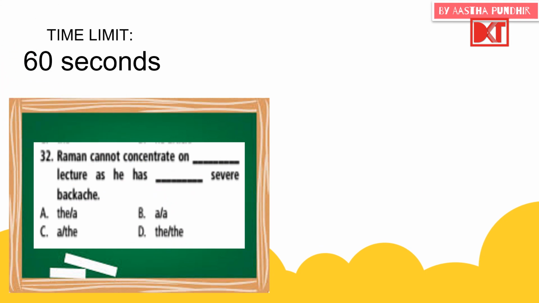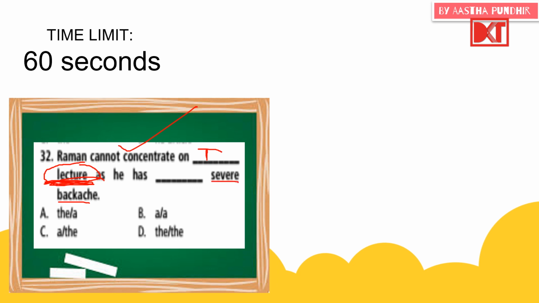Okay, here we have Raman cannot concentrate on dash lecture as he has dash severe backache. So here first lecture. We are talking about a specific lecture. I cannot concentrate on that particular lecture. So definite article the over here. Then as he has dash severe backache, and this is an uncountable backache.